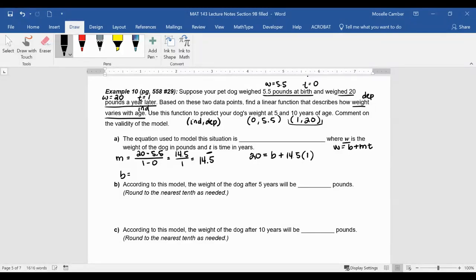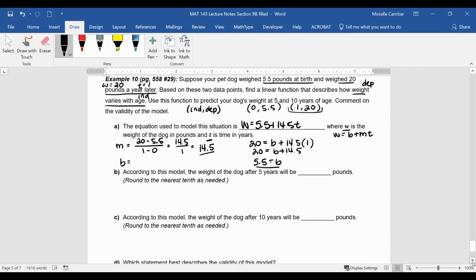So I plug in 20 for W and 1 for T, and now I'm going to solve for B. So 20 is equal to B plus 14.5. Subtracting 14.5 from both, I get 5.5. So now I have my B, I have my M, so I know my W is going to be equal to 5.5 plus 14.5 T.